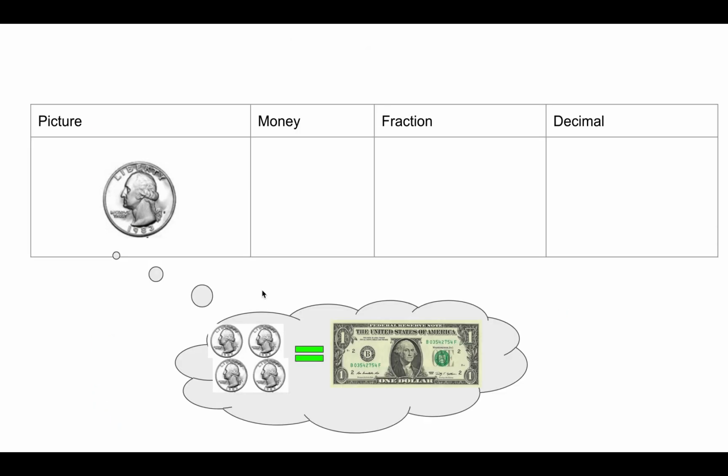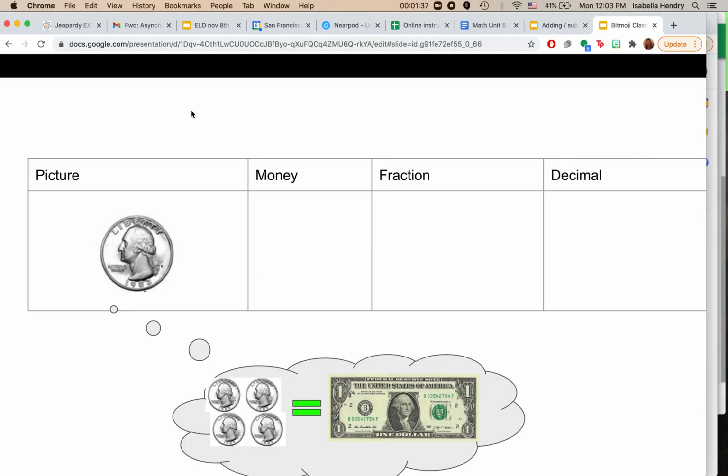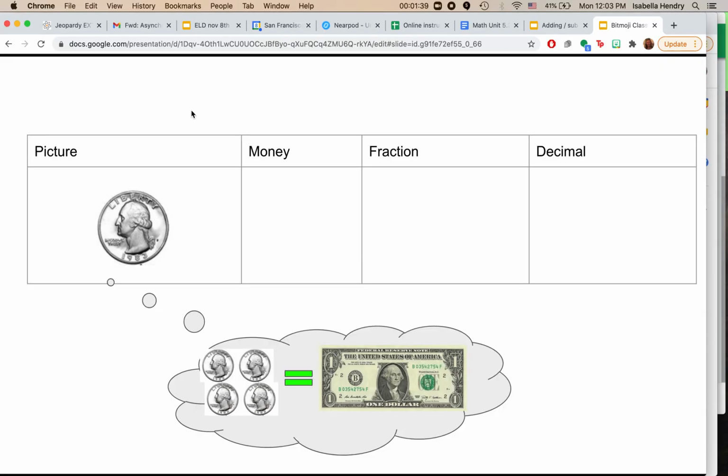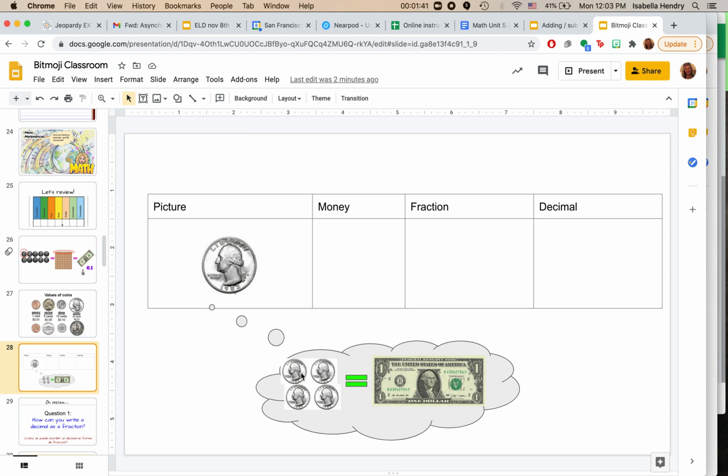So today we're going to be figuring out how to write money as a fraction and a decimal. So let's say I have this picture, and I know in my head that, I have the hiccups, oh no. I know in my head that 4 quarters equals $1 because it's 25 cents.